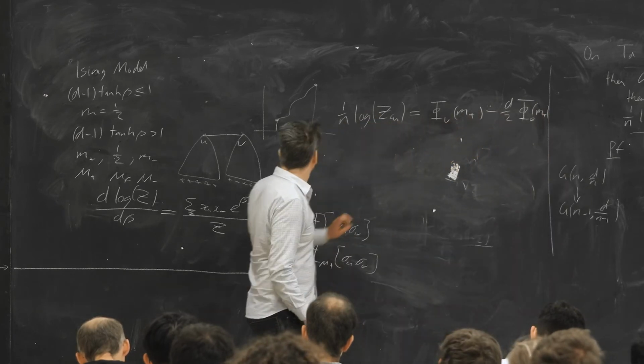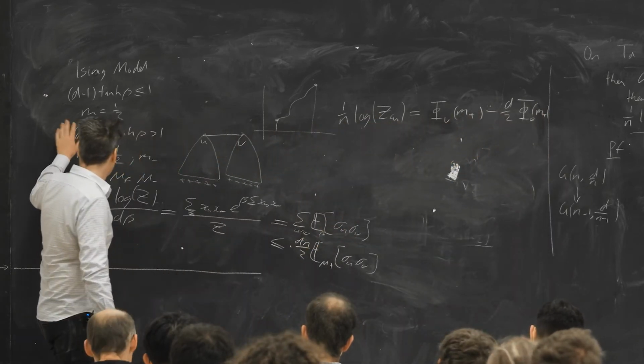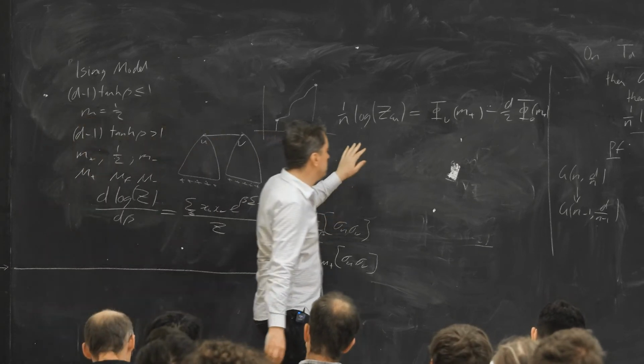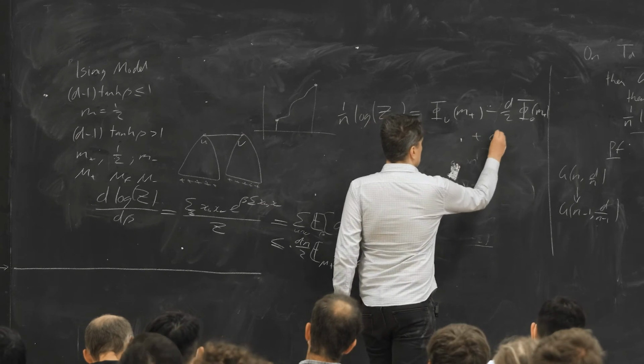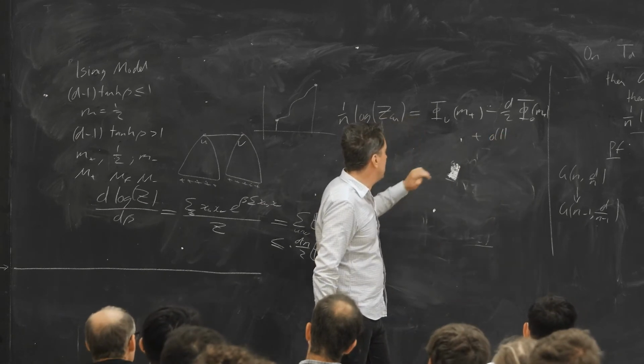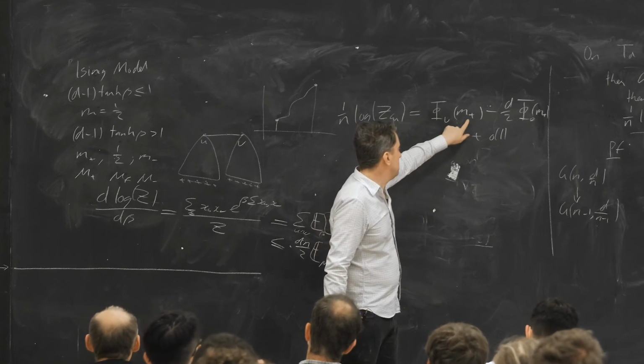In the regime where (d minus 1) tanh of beta is greater than 1, the log partition function is given by phi of m.